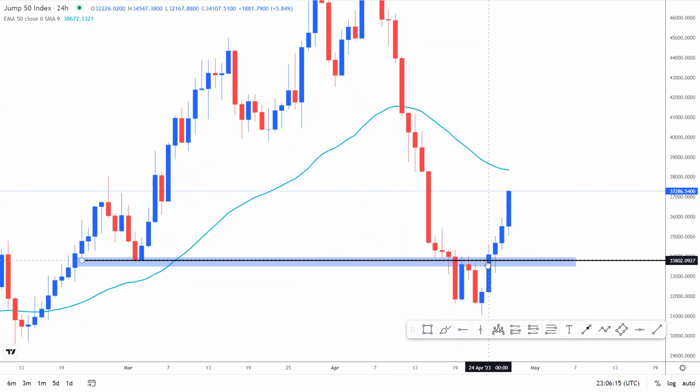And then, like I always tell you guys, once price breaks above a key level, best believe the price will head to the next key level just above that level.